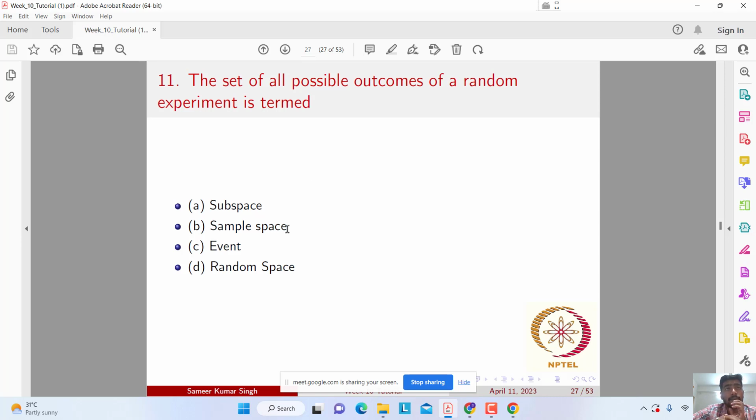Can anyone explain the major difference between sample space and subspace? What will be the event? Can you explain these three terms with any examples?